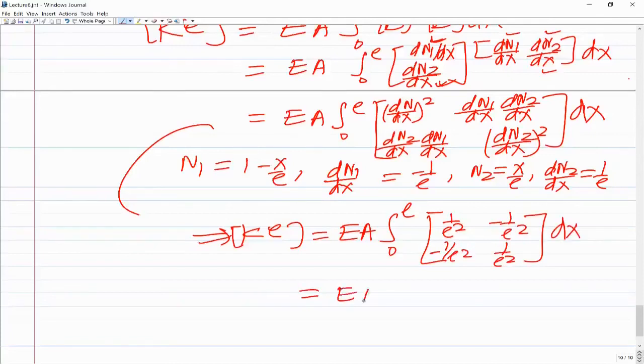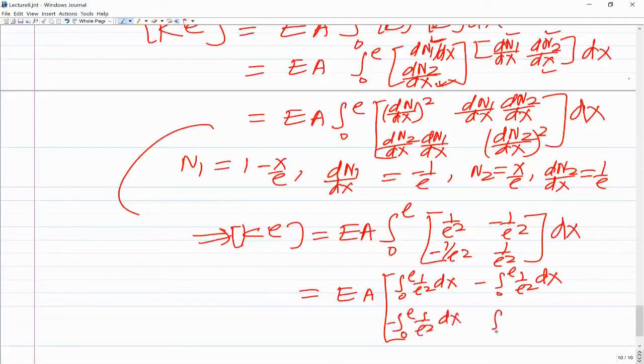So this is equivalent to EA, and then integral 0 to L 1 upon L square dx, and then integral 0 to L minus 1 upon L square dx, and integral 0 to L minus 1 upon L square dx, and integral 0 to L 1 upon L square dx. So you have to integrate each element over here.